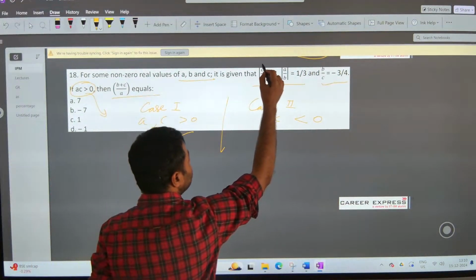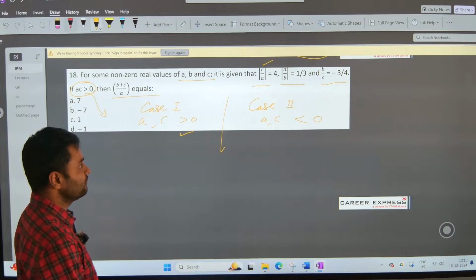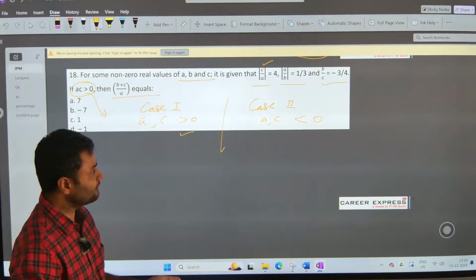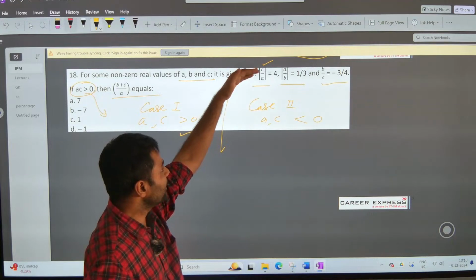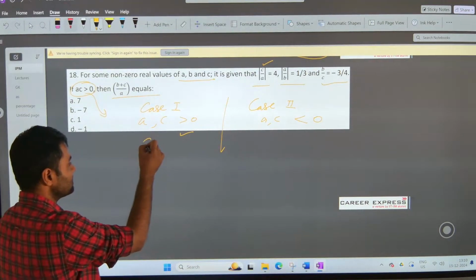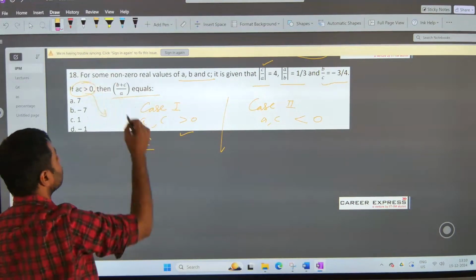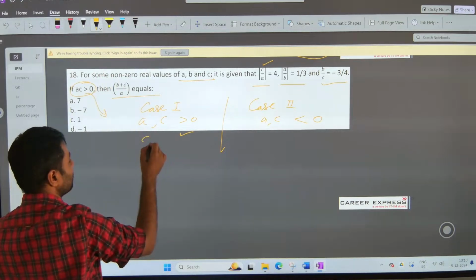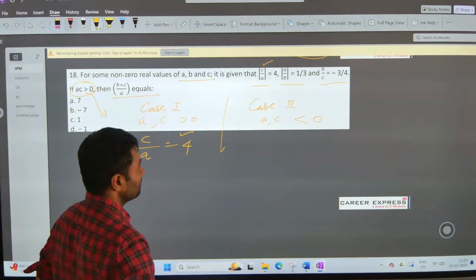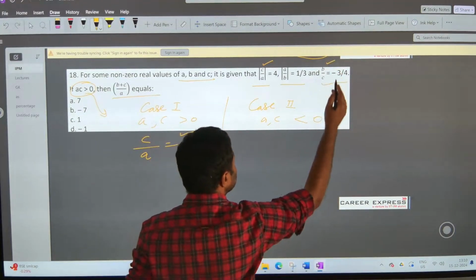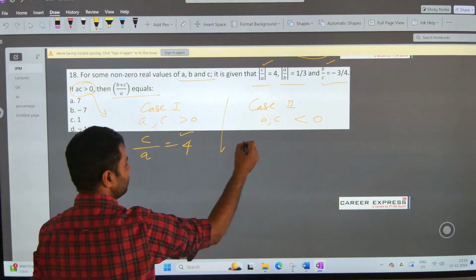The first information says that mod of C by A is 4. Because A and C are both positive, C by A will also be positive, so we don't require the mod. I can simply say that C by A is 4. Now the third information says that B by C is minus 3 by 4.